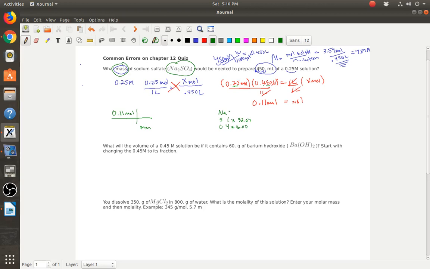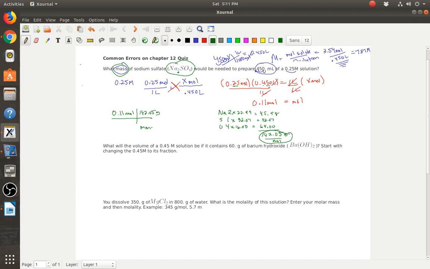The one I'm looking at says 32.07. Sodium, this one has 2 sodiums, so 2 times 22.99. I have to multiply these together. Okay, so 32.07 and 64, and I end up with 142.05 grams per mole. That would have been to get the full credit there.